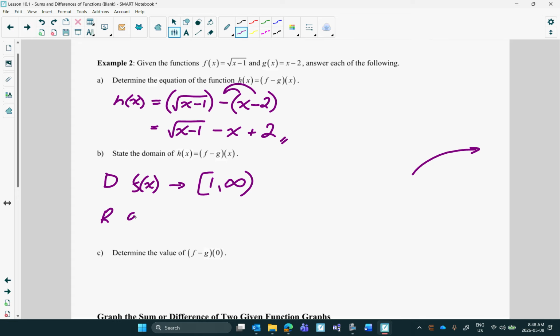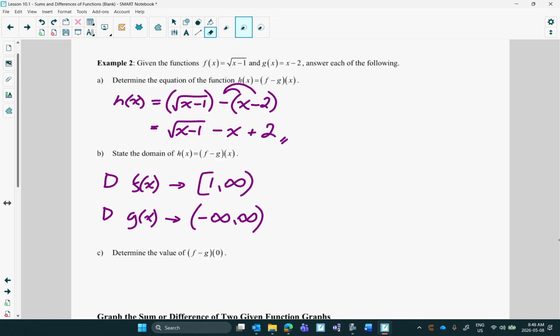The domain of g of x, again, there's no square root, so it's a line. So it's negative infinity to positive infinity. What do they have in common?